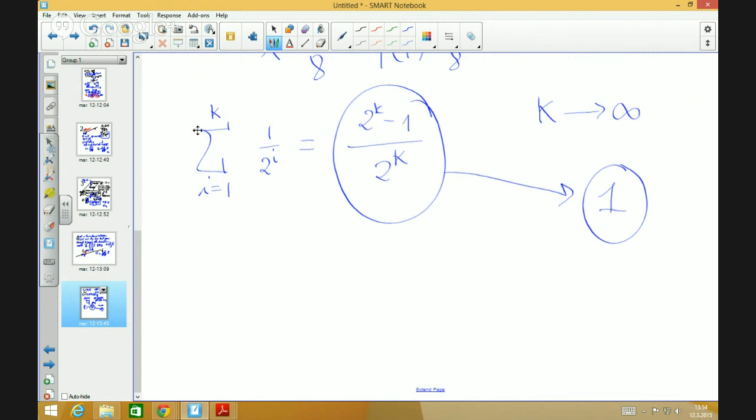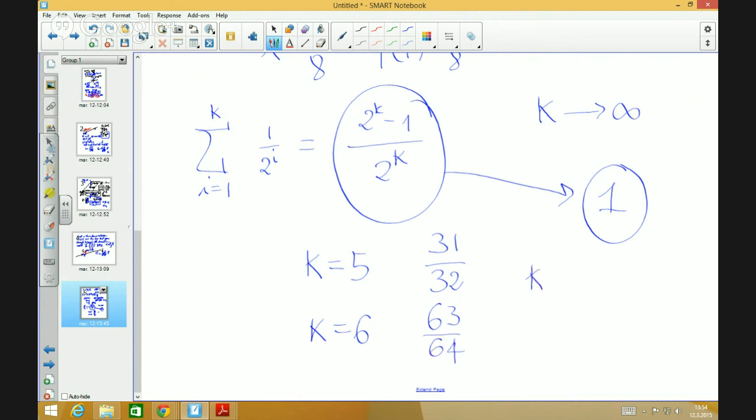So you can do a few calculations just before the break. So if k is 5, say, then you get 31/32 as the sum. That's already pretty close to 1. If k is equal to 6, you get 63/64.